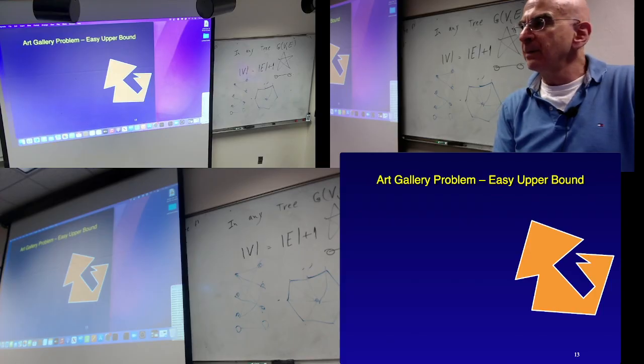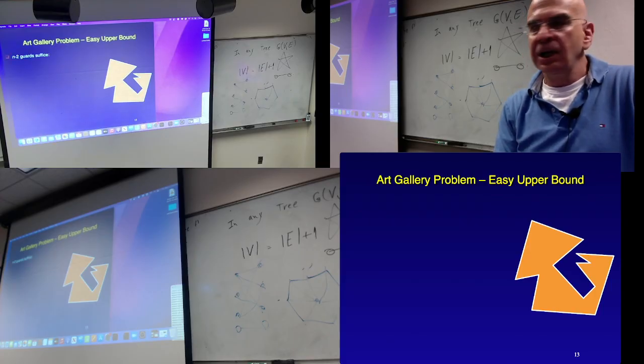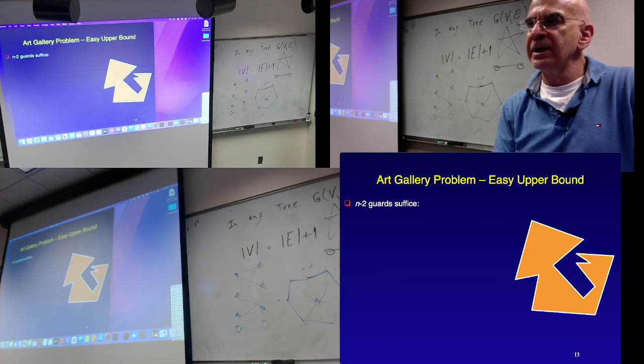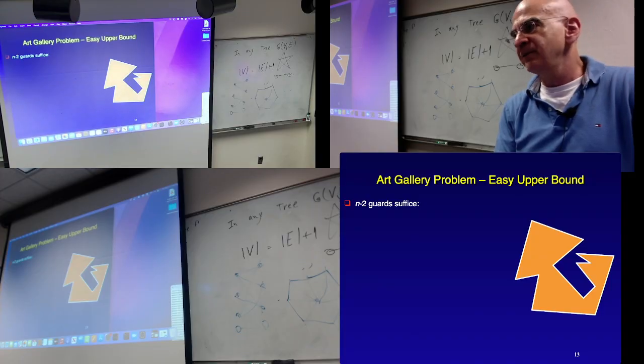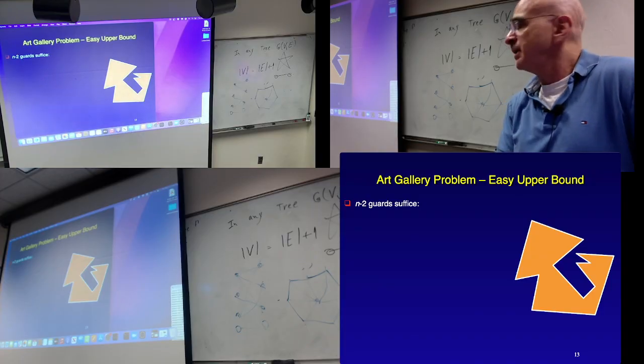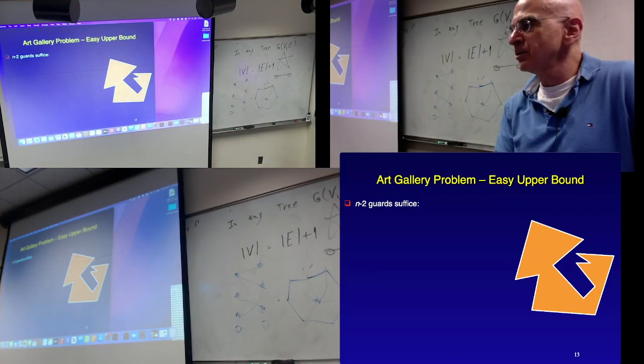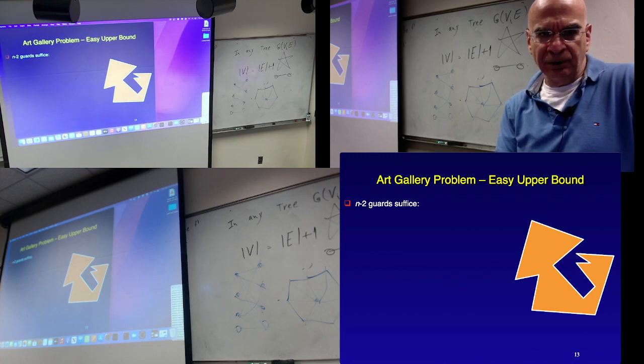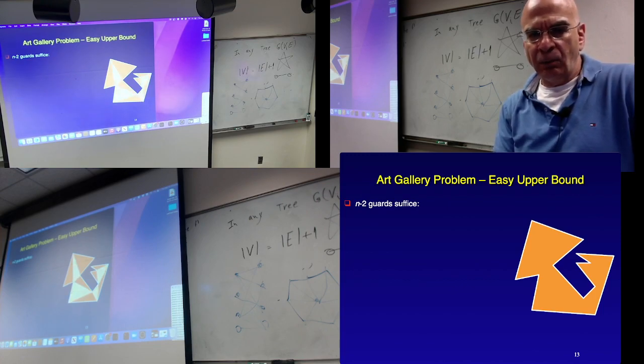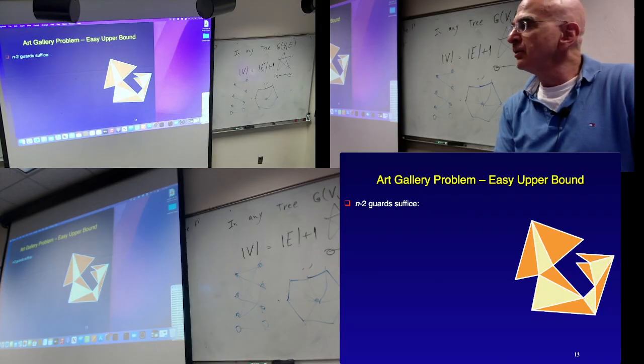So, an easy upper bound. I want to convince you that I can always guard this polygon with n vertices and n edges, of course. It's a simple polygon, so the number of vertices is the number of edges. And I want to convince you that I don't need more than n minus 2 guards. Why? Because I want to show you that this polygon can be triangulated.